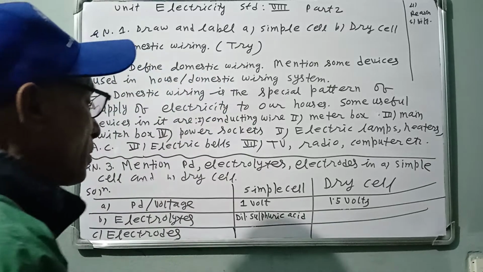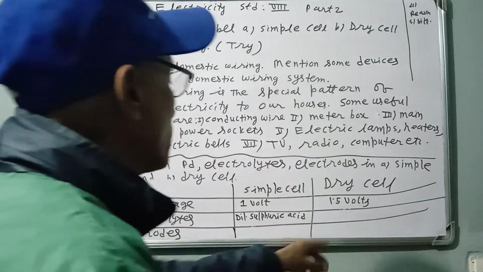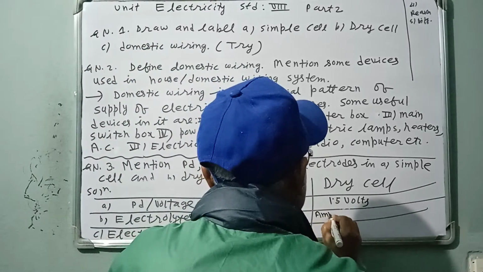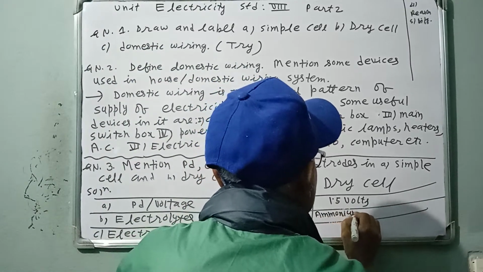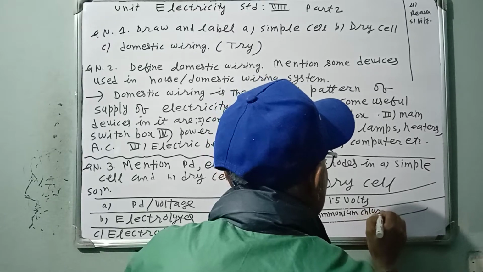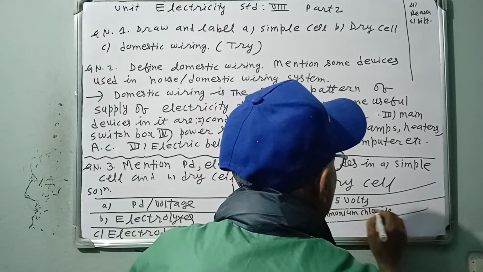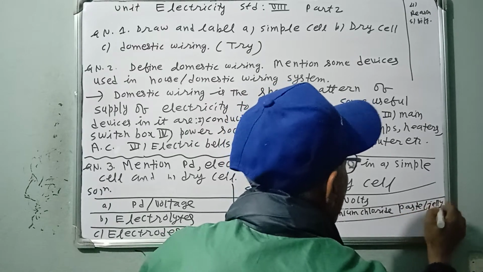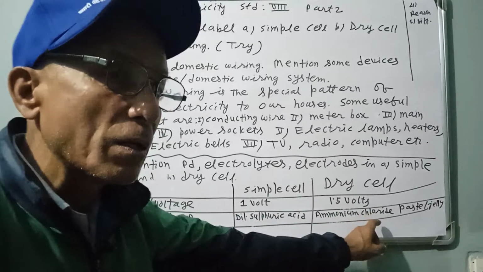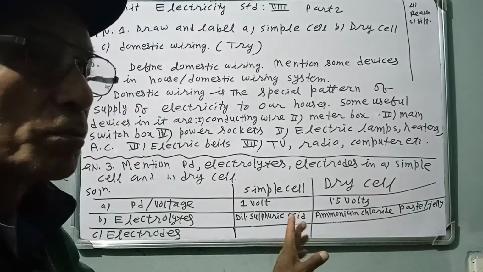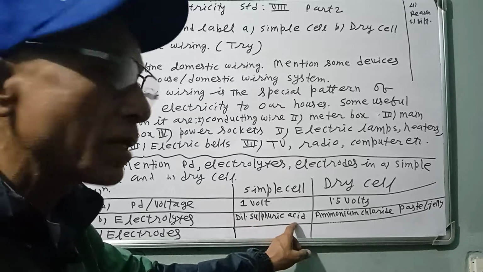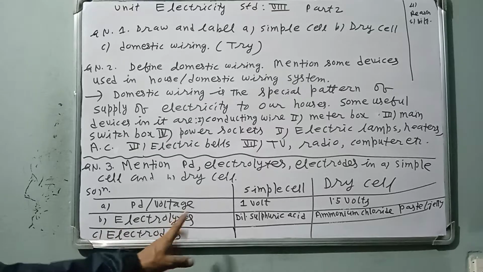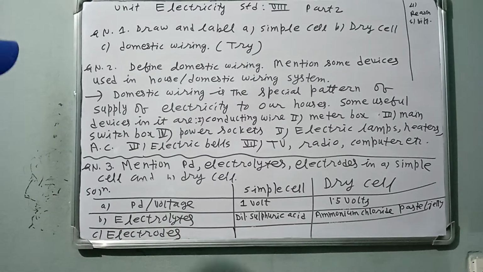But in a dry cell, ammonium chloride jelly or paste. Ammonium chloride NH4Cl produces electricity, electrons. Dilute sulfuric acid produces electrons. Electrolytes: sulfuric acid, not hydrochloric acid.